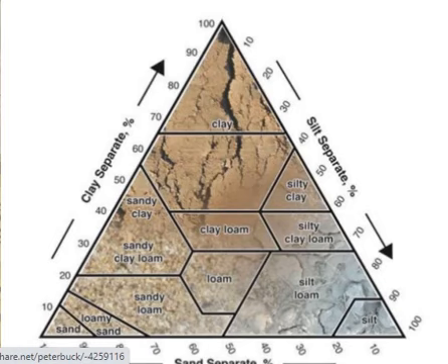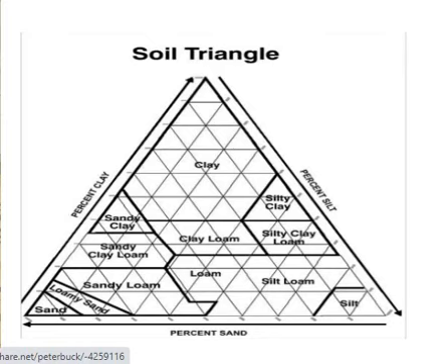You have to determine the percentage of your particles and draw this triangle. It is known as the soil textural triangle for determining your exact textural class. It is very useful for practical purposes. You have to draw such a soil textural triangle representing the texture of the soil.